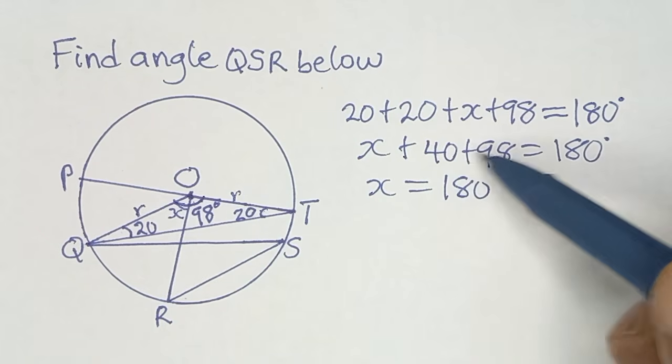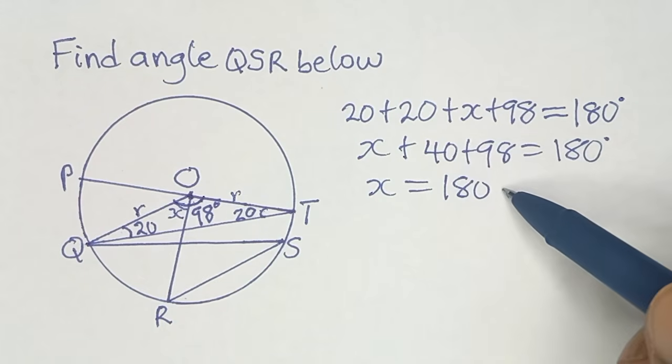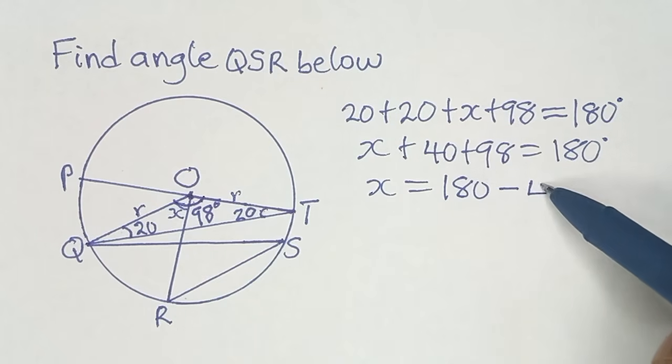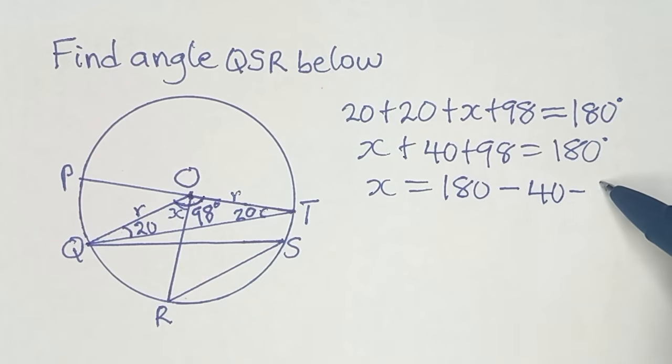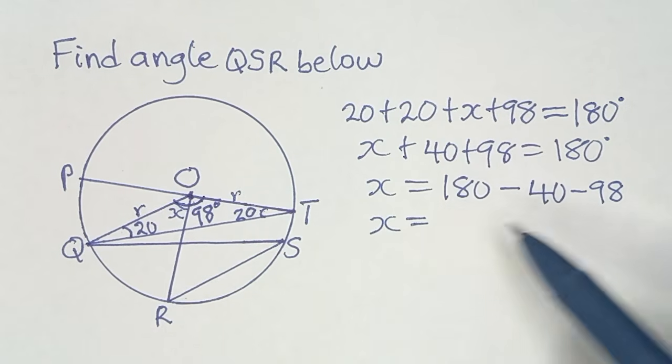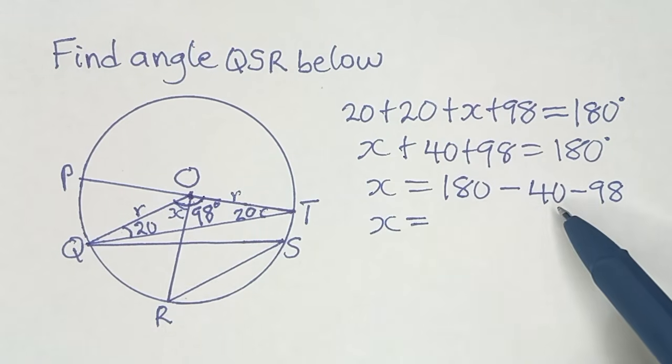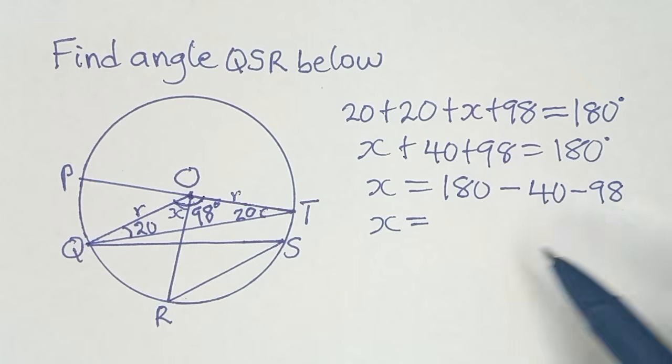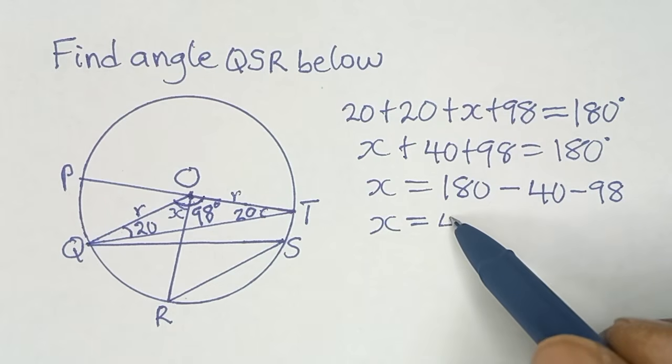When plus 40 and plus 98 come to this side, they become minus. That is negative values now. Minus 40 and minus 98. So that will now give us X as equal to 180 minus 40, which gives us 140. 140 minus 98 is going to give us 42 degrees.